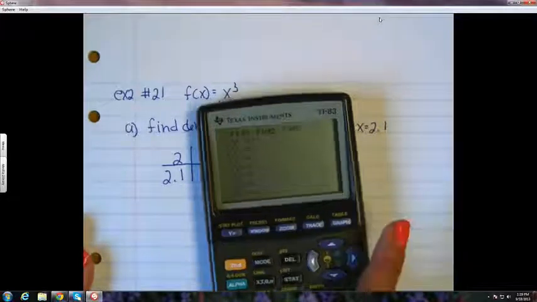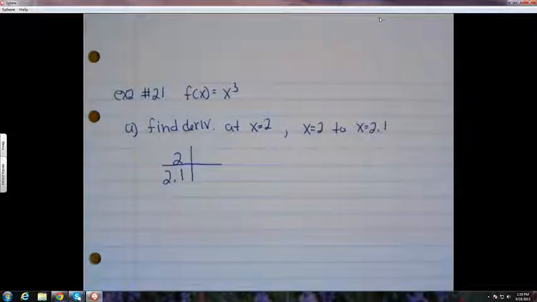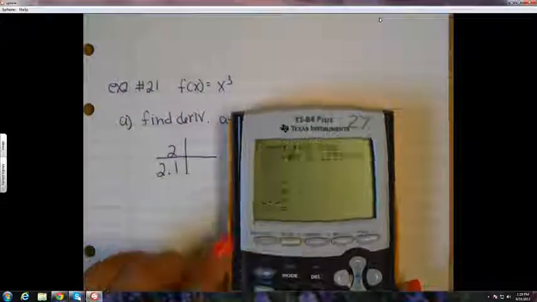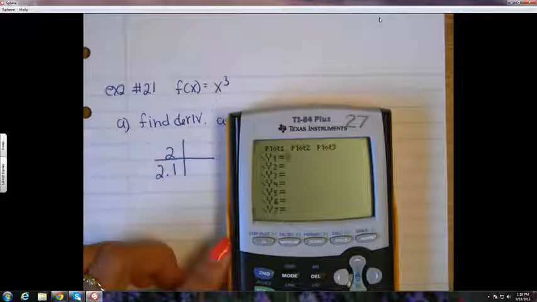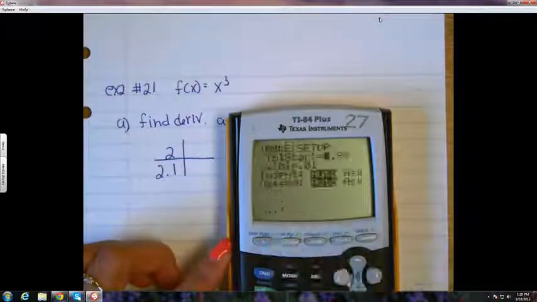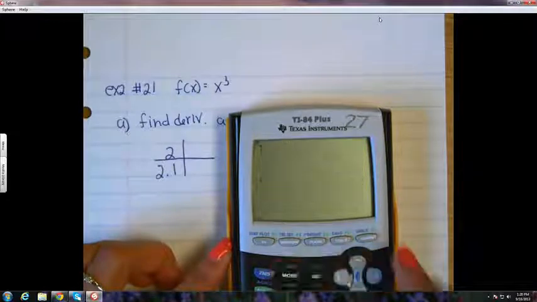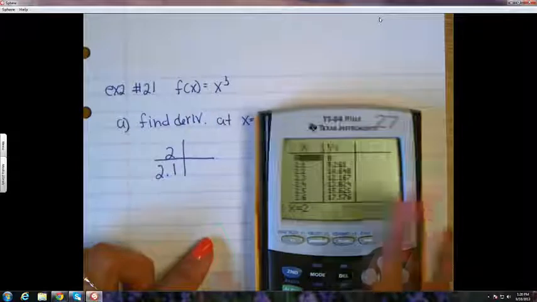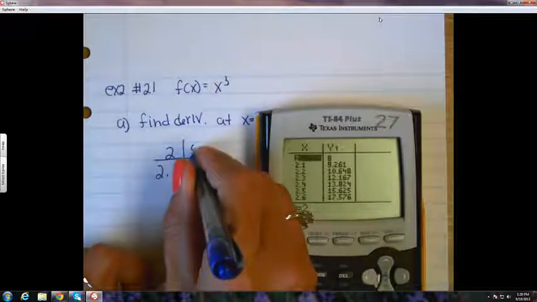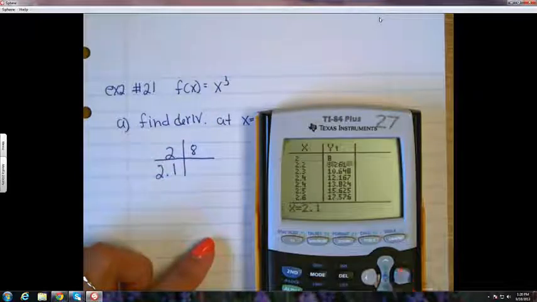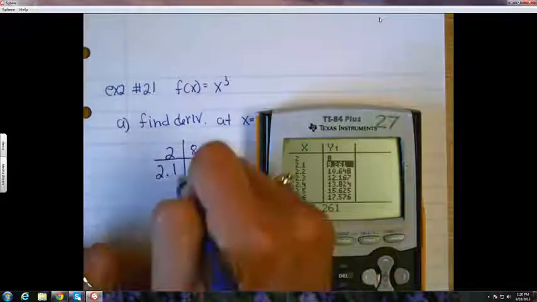I'll use a better calculator, since I ran back there. So y equals x cubed, 2, and we're going by 0.1. So we've got 8. Oh, I could have got that. And 9.261.